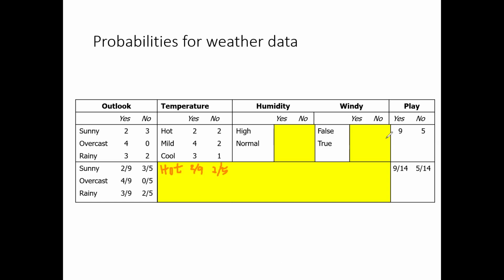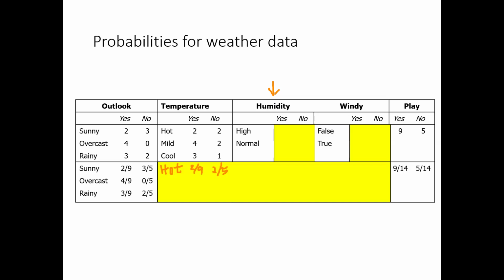Okay, good. Next one. Now use our data set to calculate the counts for humidity, high and normal, and windy, false and true. Let's start with the humidity. So how do you do this?